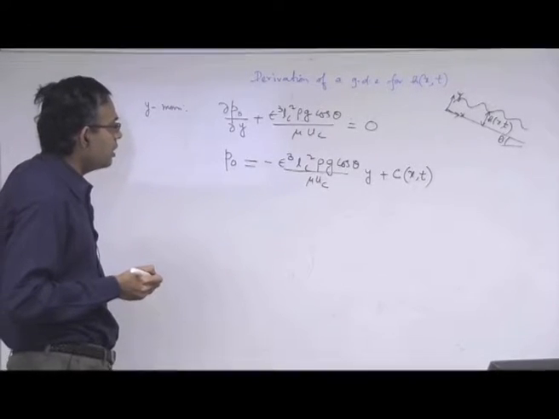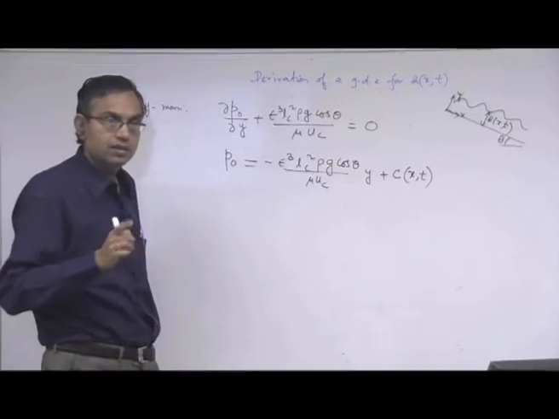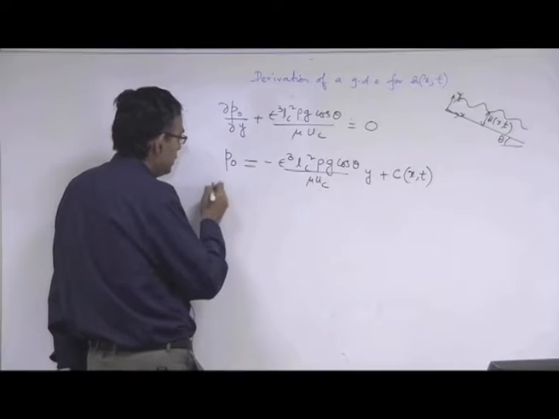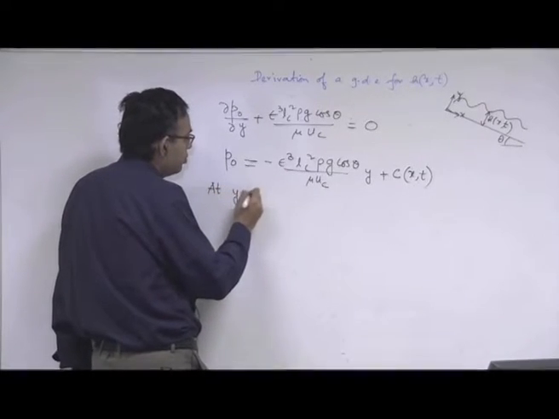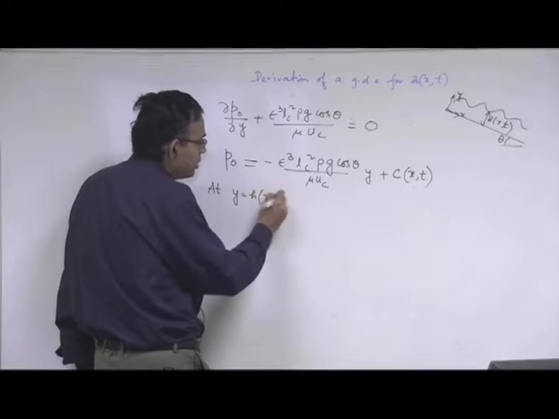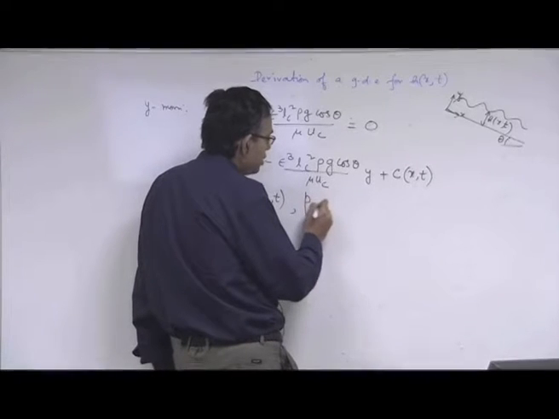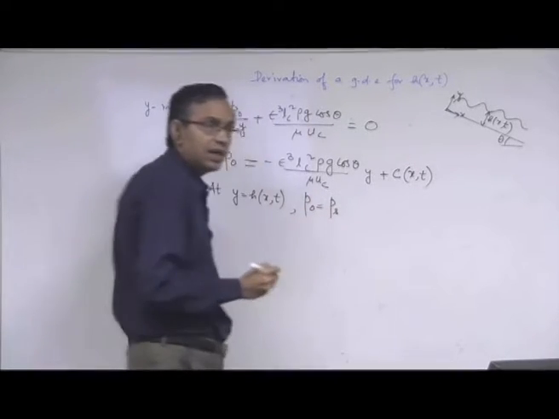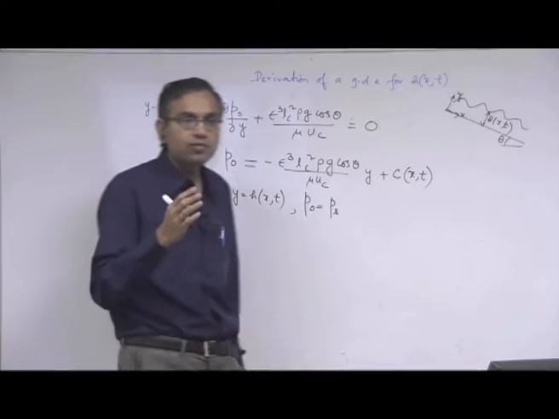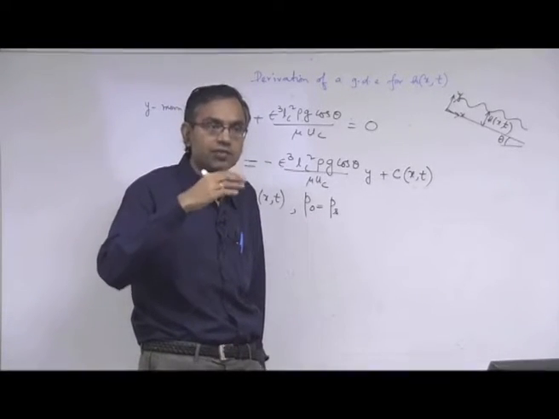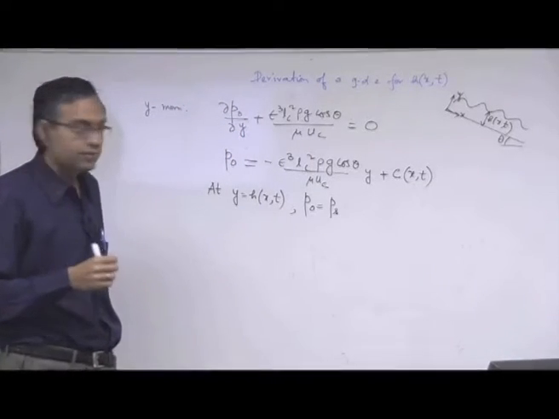What is the boundary condition? This requires one boundary condition. At y equal to h, which is a function of x and t, P0 is equal to say Ps, the pressure at the free surface, and we have a boundary condition which relates the pressure at the free surface with the atmospheric pressure, Ps minus P atmosphere.